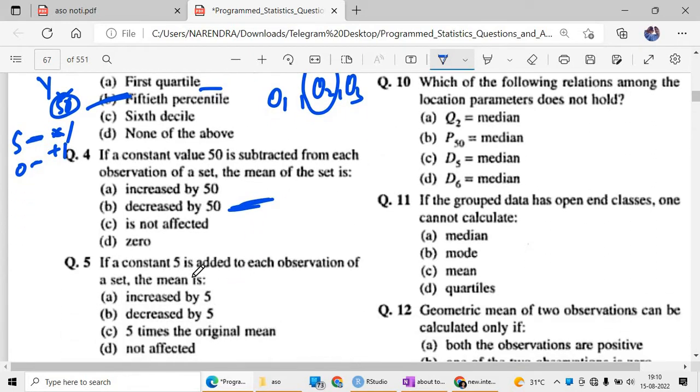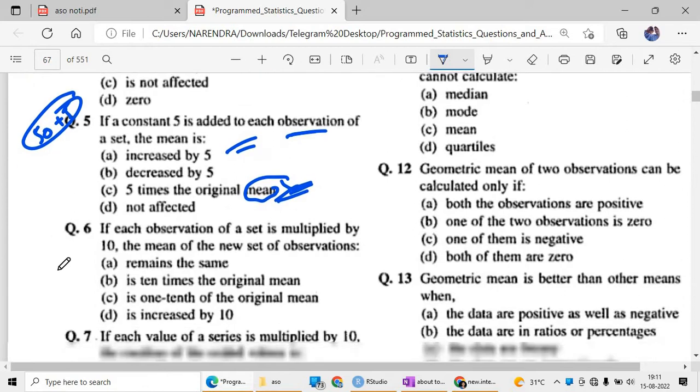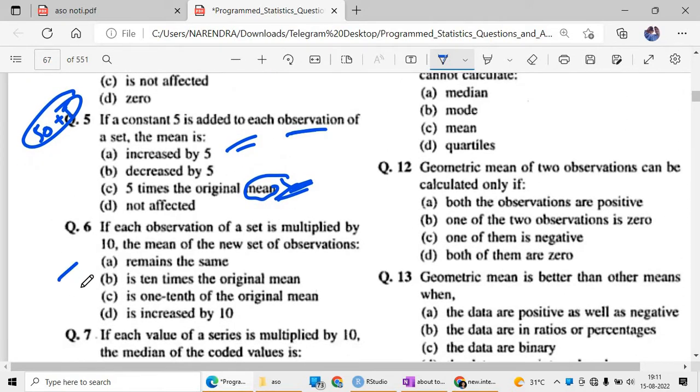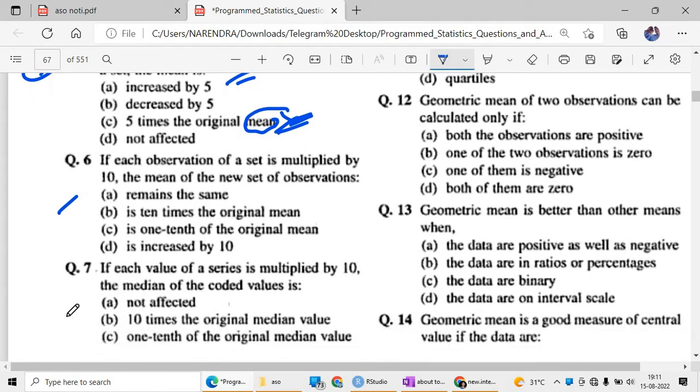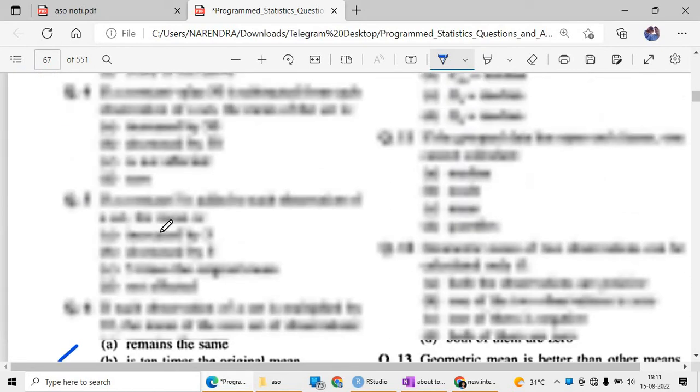If constant 5 is added to each observation, 5 will be added to the original value. For example, you have 50 and you are just adding 5. The same condition holds for multiplication and division also. There is no doubt here.